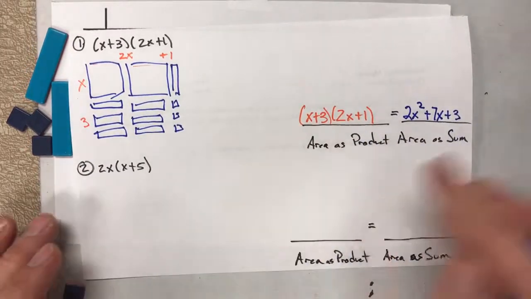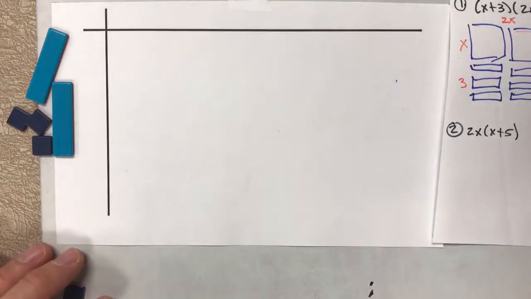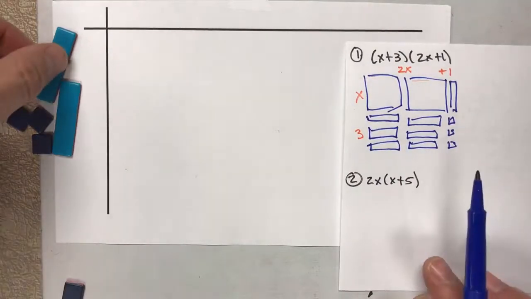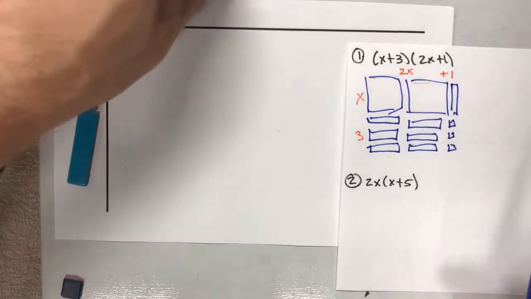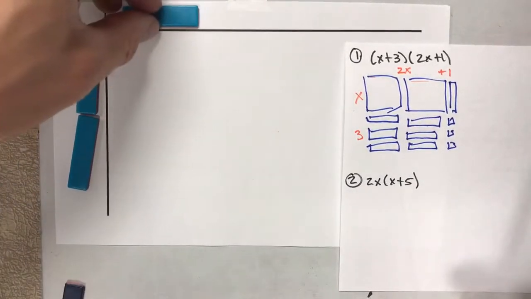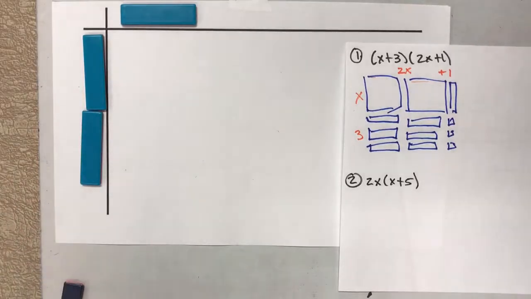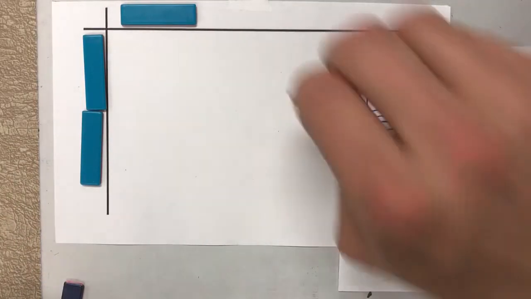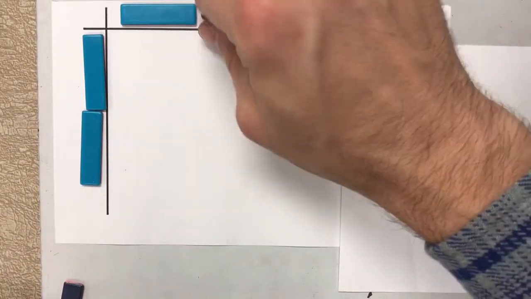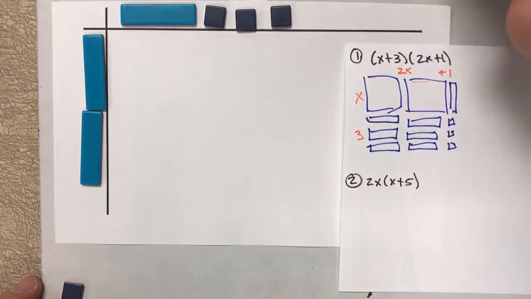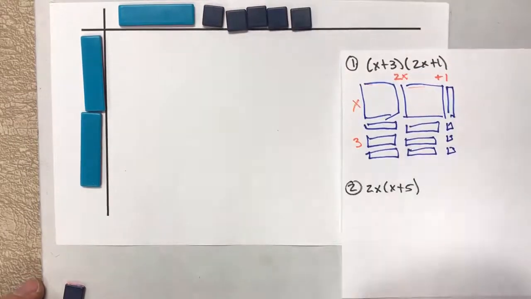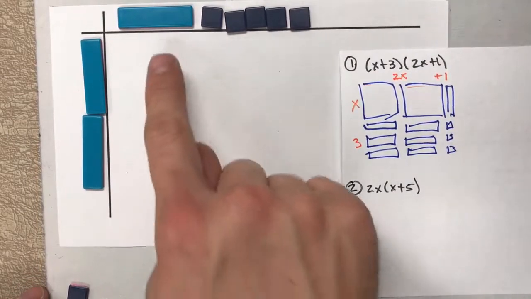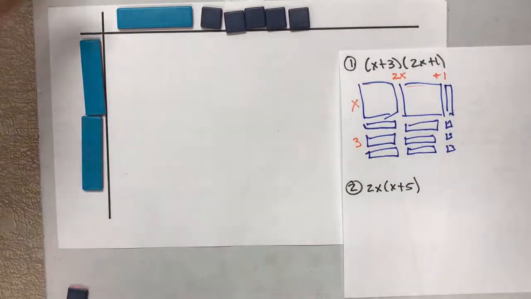Real quick, I'm going to do 2x times x plus 5 as well. As I set up, I'm going to have 2 x's down this left side here, and then I need 1 x plus 5 1s on the top. So as I put those in, 1, 2, 3, 4, 5. Now you have your dimensions of 2x and x plus 5, and then you fill that in again.